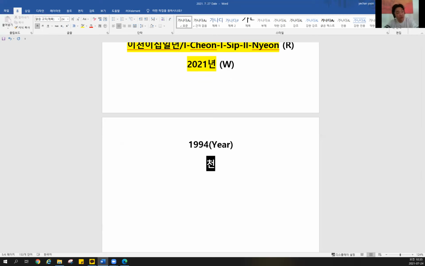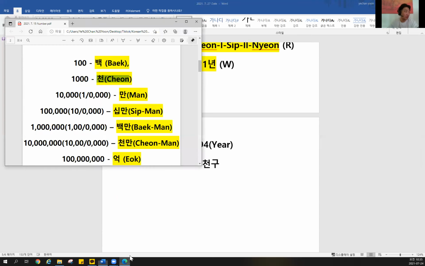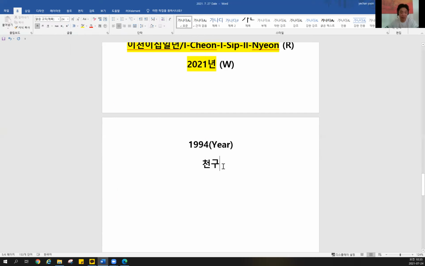And what is the 9 in the Sino-Korean version? 구. And which position is it? 100 position. What's the 100 position? There we go, 100, right? We can use 100. And which number is next? 9. So it's going to be 9. Which position is it? 10th.